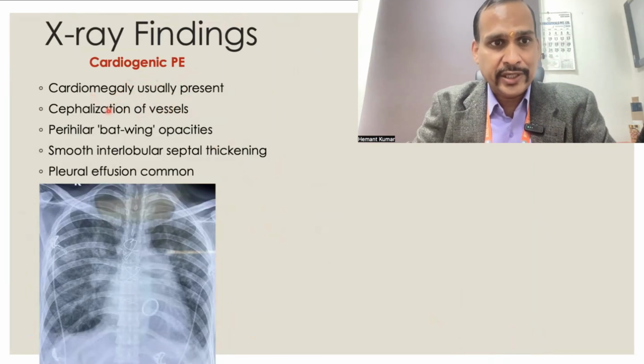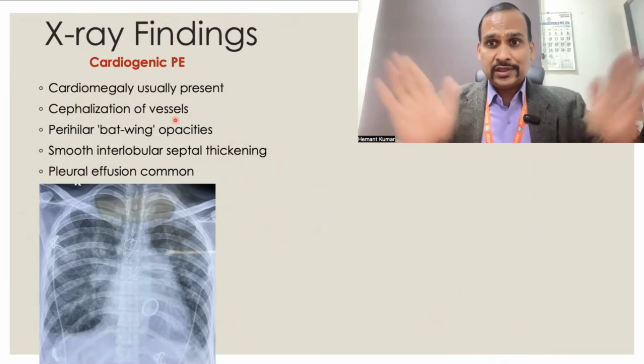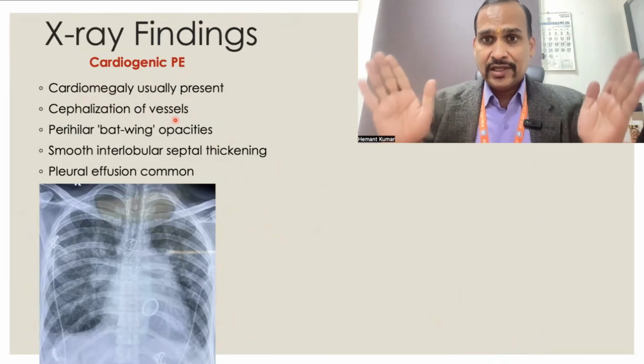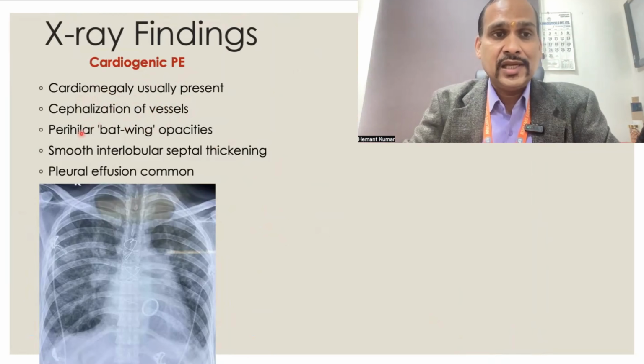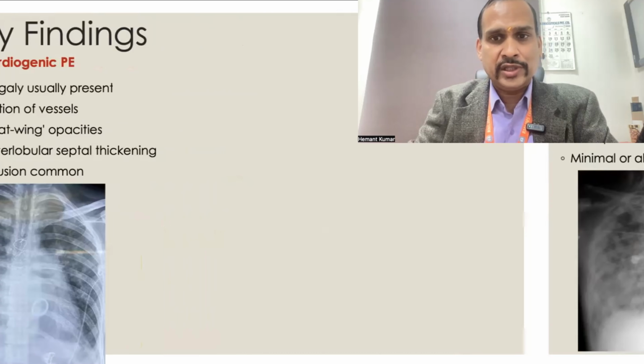Cephalization of vessels due to venous congestion, vessels going towards upside. Perihilar wet wing opacity, means hilar predominance as compared to peripheral. Smooth interlobular septal thickening. And we can find pleural effusion in many patients, like in our patient. So this is classical feature of cardiogenic pulmonary edema.